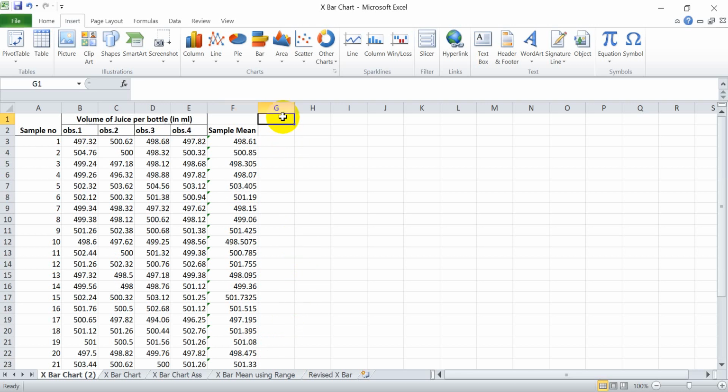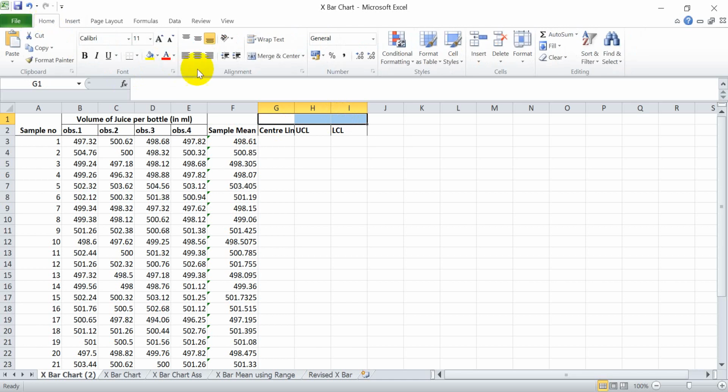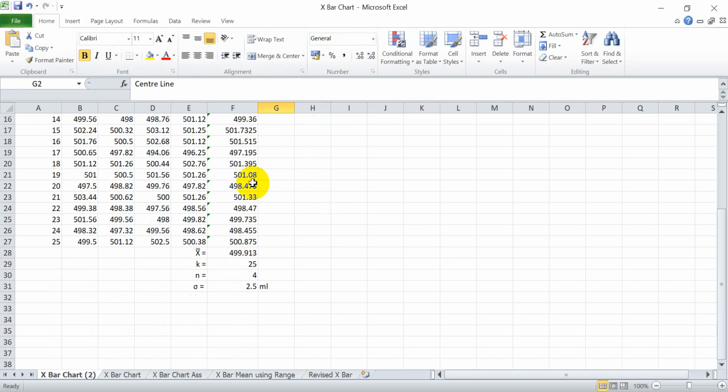Just write over there: central line, UCL and LCL. This is for the control limits, right?